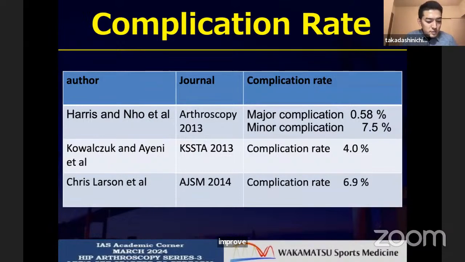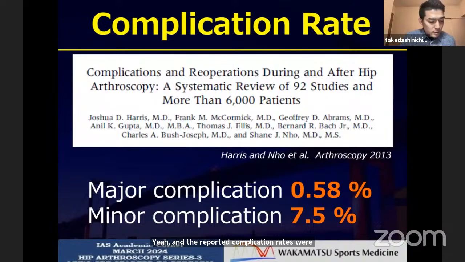There are some large systematic and multi-center studies regarding complication rates related to arthroscopy. The reported complication rates were about 4 to 8%. I will introduce one of these reviews. Dr. Chris Shenno reviewed complications regarding arthroscopy in 92 studies.